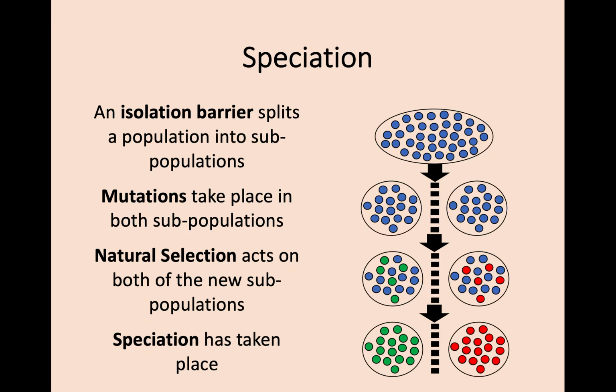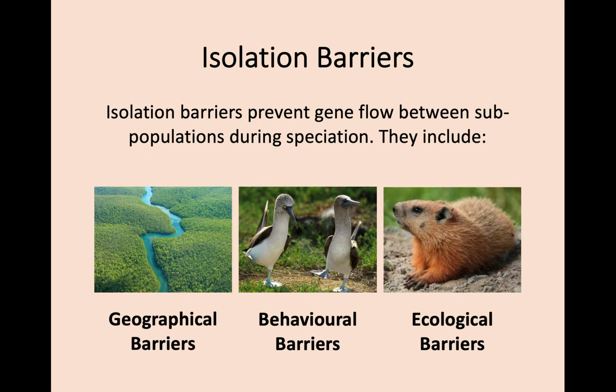So we're going to look a little bit more at isolation barriers at Higher level. You'll hopefully remember at least geographical barriers, where we talk a lot about a river or a mountain range splitting up a population. We're going to be looking at some more examples of these and also their impact on the forms of speciation that take place.